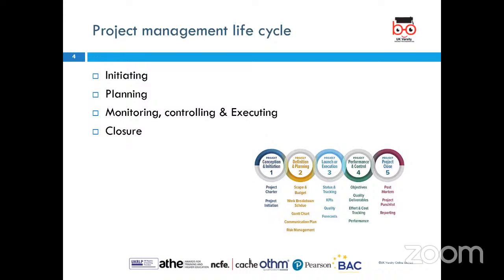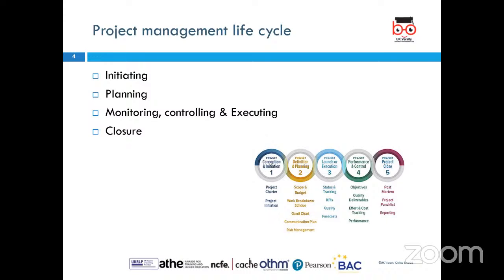Then we have monitoring, controlling, and executing, where we ensure that there is good quality and we are respecting our milestones and our plans that have been set through our Gantt chart, or for instance, our development plan.